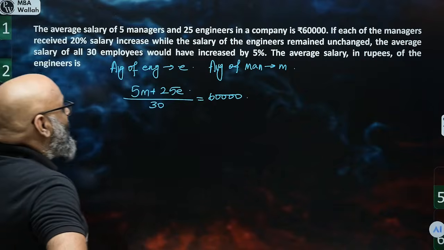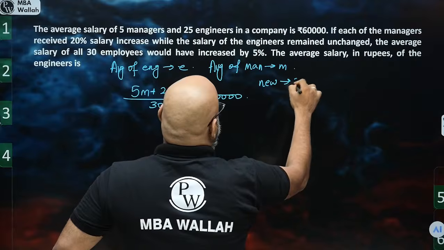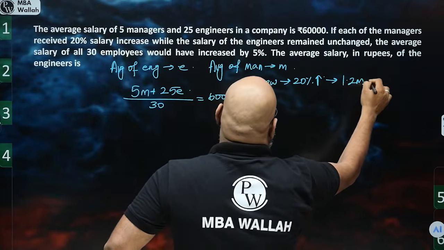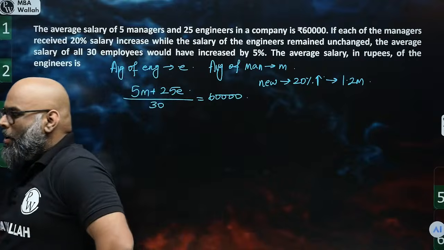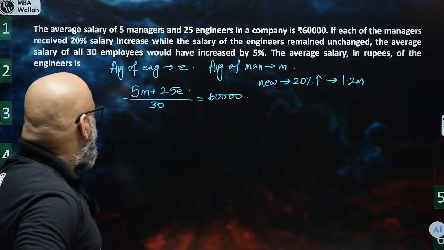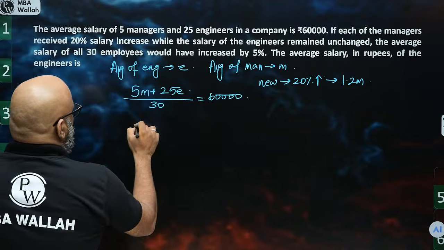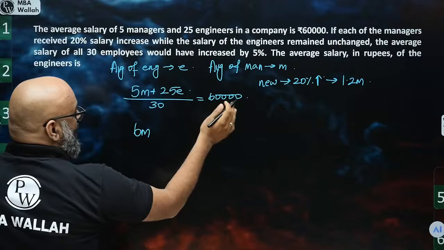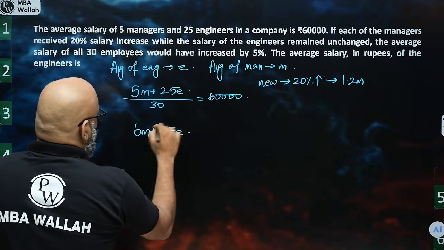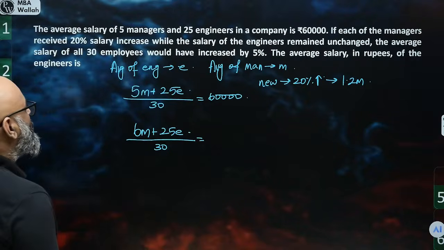So my manager's new salary will be a 20% increase, which will become 1.2 M. M becomes 1.2 M, I can take it out. So this will become 6 M. 5 into 1.2 is 6 M plus 25 E, these don't change, divided by 30 is equal to the result. What happens to it?